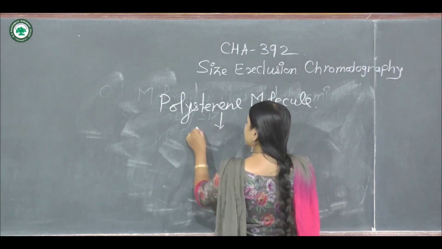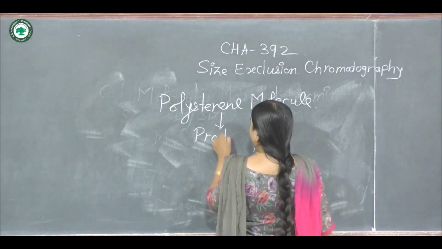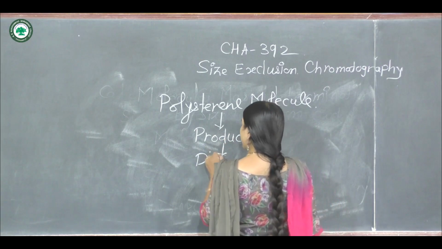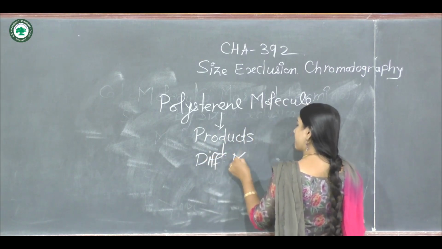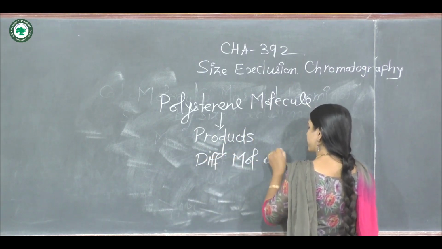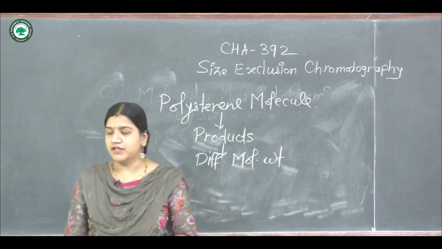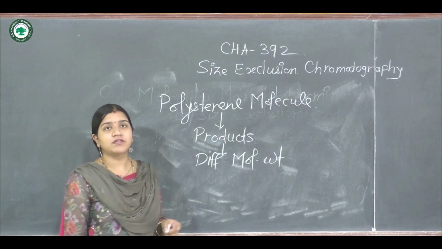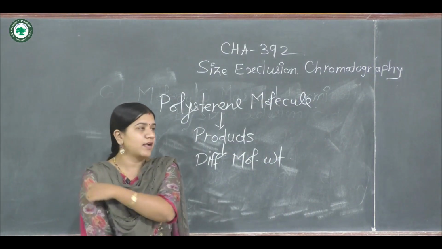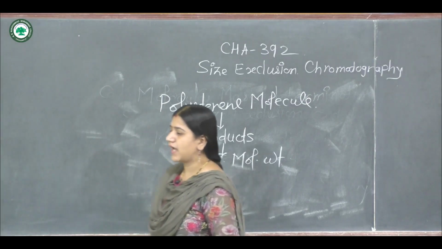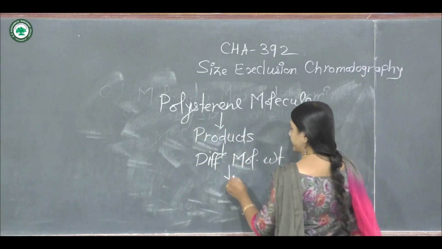So all these different products have a different molecular weight. All these products are converting into a different molecular weight, and for that you can compare the molecular weights of all these and you can calibrate the column.